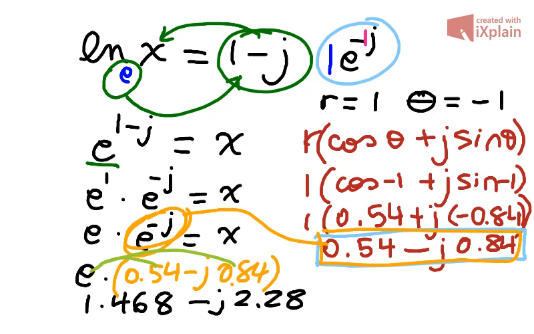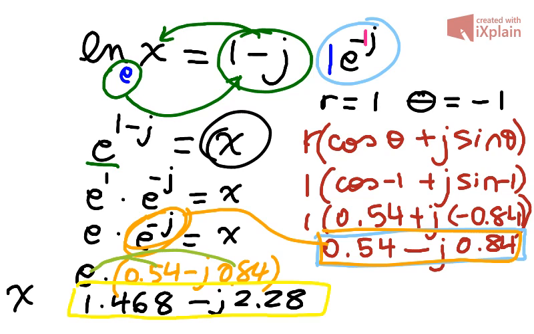So this is then the rectangular form of our x, that x that we had to calculate, which was already in that form, but we wanted it in rectangular form.